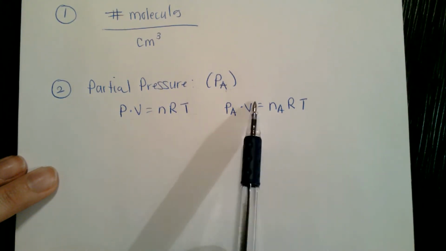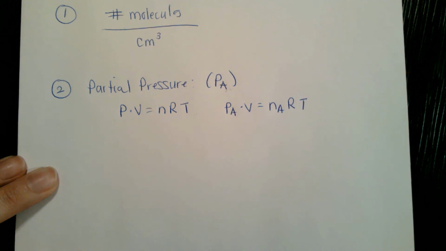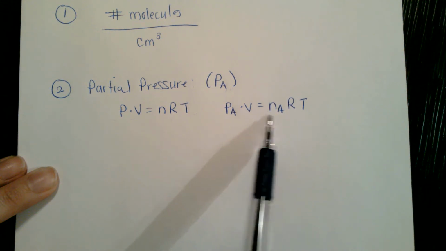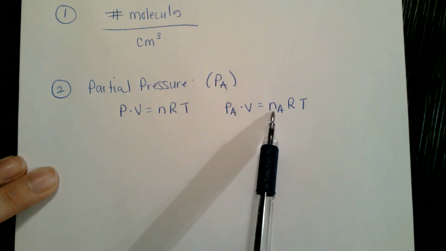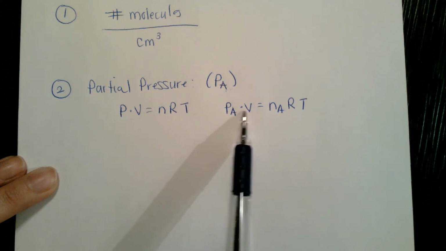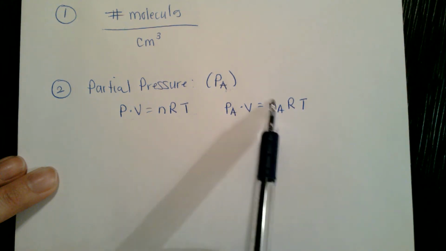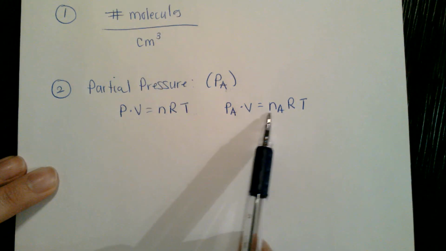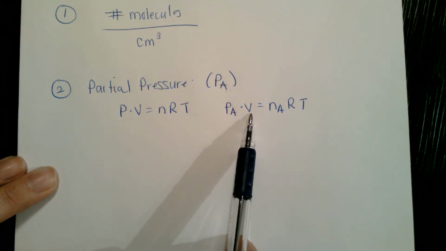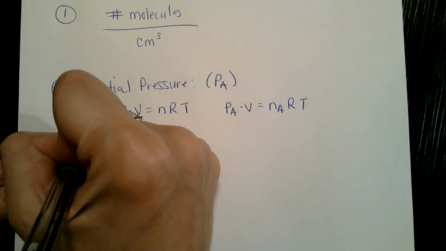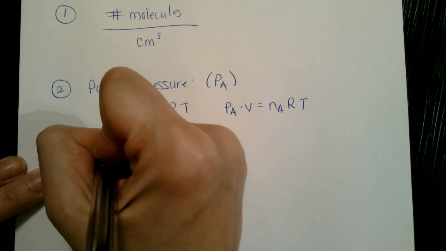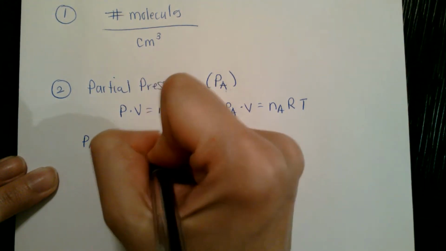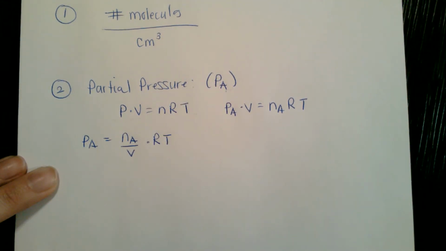Often, to get the partial pressure, we like to put n and V together to get something that looks like number per volume. So I'm going to divide by volume there. We get the pressure of A is equal to the number of moles of A over the volume, multiplied by RT.